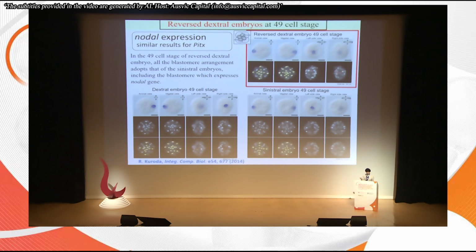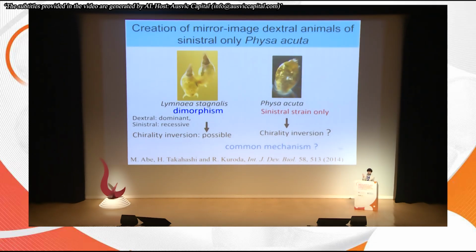That is the reason we can obtain really proper snails, and it produces offspring dictated by the gene. Then you may say, oh, that's dimorphic, you worked on the exception.